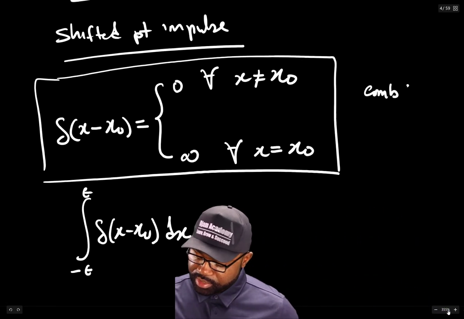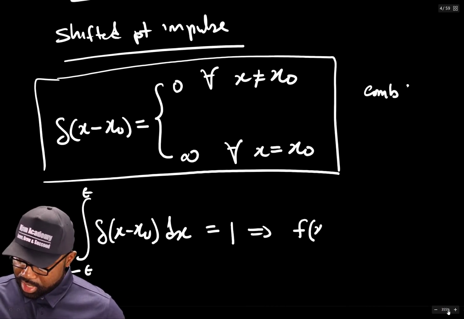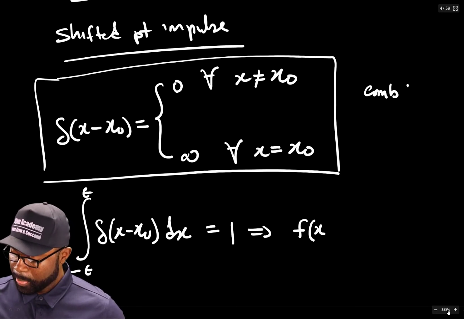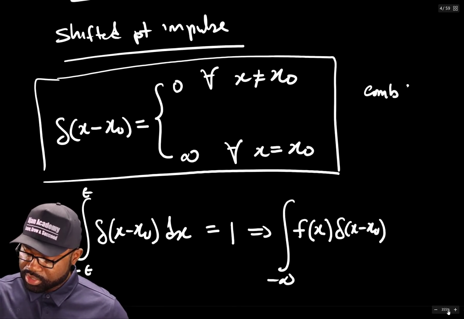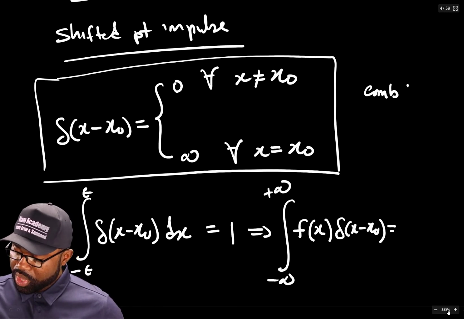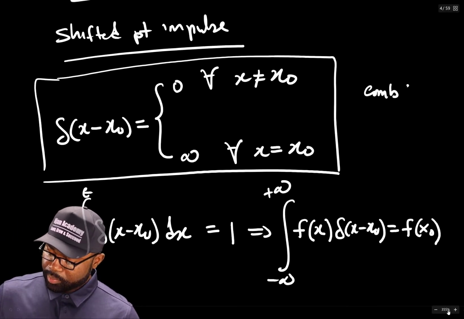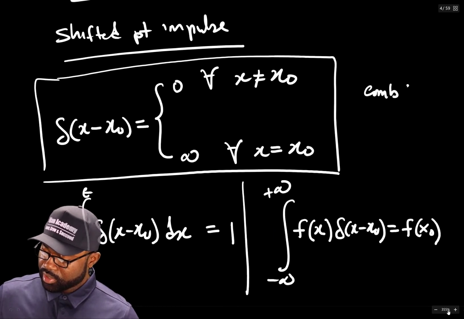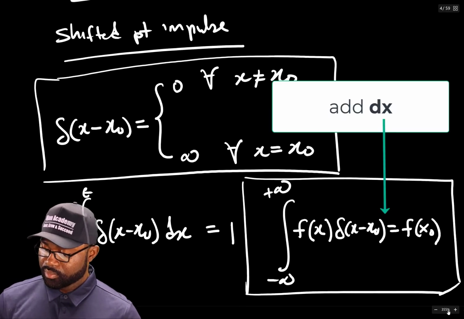So what this means is that if we multiply a function f of x by delta(x minus x naught) and we integrate across all points in space, we will pick off that function at the point x naught. This is crucial and this is very critical.